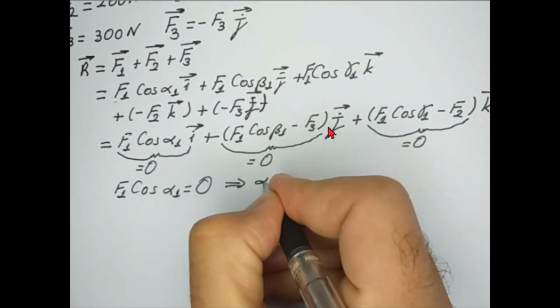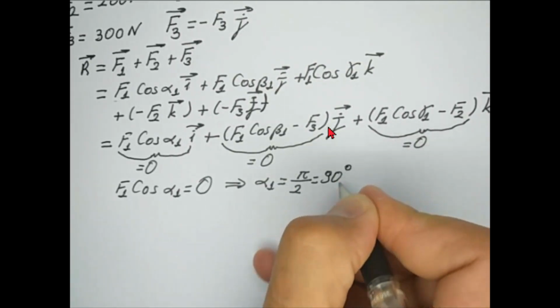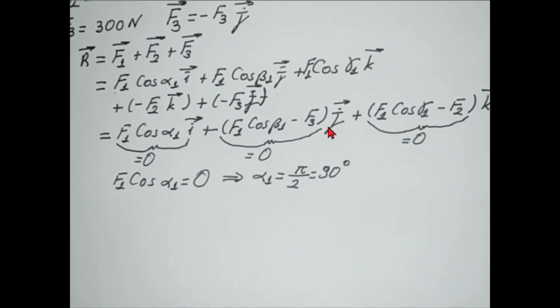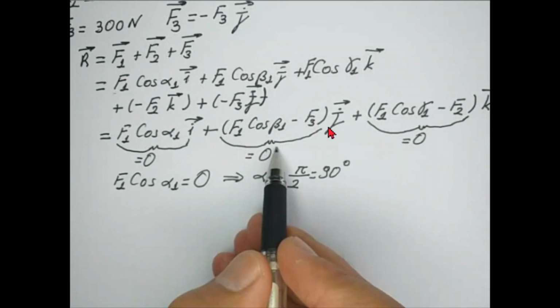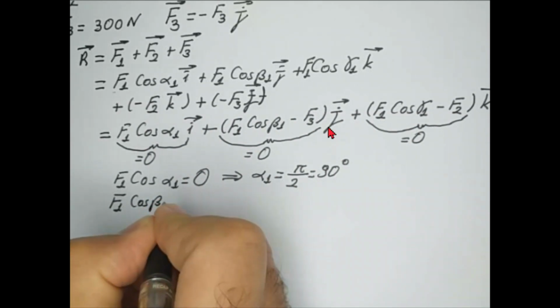Okay, now the y component of the force has to be equal to 0 as well. This is just this expression. So F1 multiplied by cosine beta 1 minus F3 has to be equal to 0. From here, I can find cosine beta 1. Cosine beta 1 is equal to F3 divided by F1.